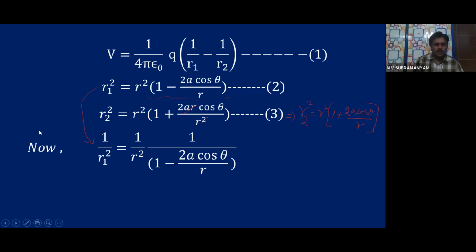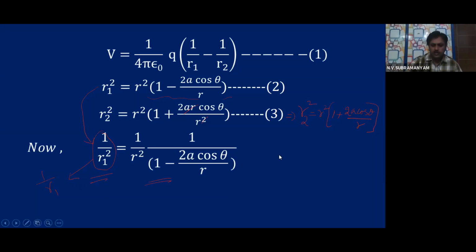You will ask, sir, why do you want to take the reciprocal? Because here I have 1 by r1 square, and from that I must calculate 1 by r1. How? Very easy. If I take the square root of 1 by r1 square, it will become 1 by r1. That means I must take the square root on the left side and the square root on the right side.